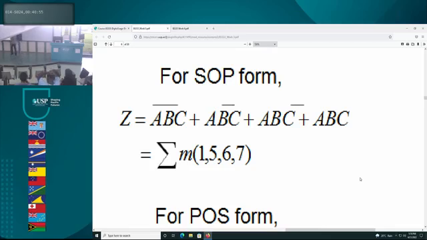All right? One is written in the algebraic method, the algebraic expression of the sum of product expression, and one is written as the sum of minterm expression. Now, obviously, you know this symbol stands for sum. This lowercase m stands for minterm, lowercase.